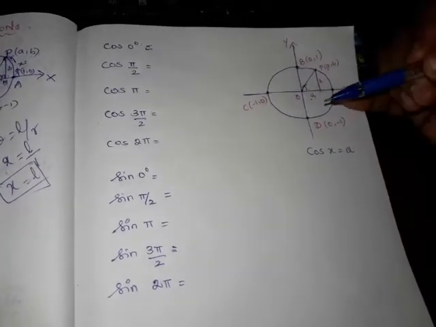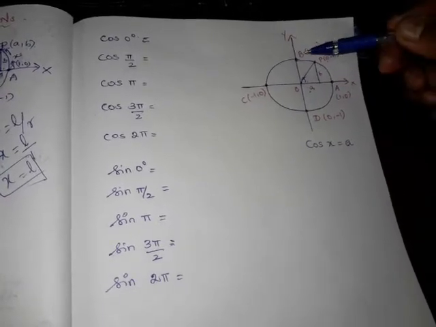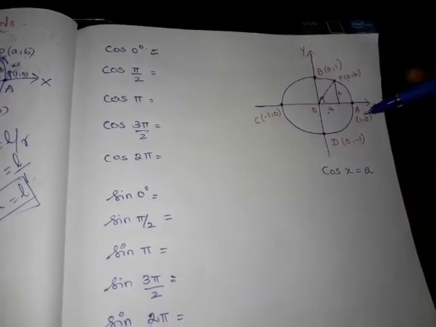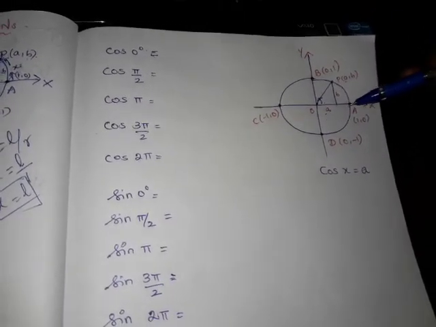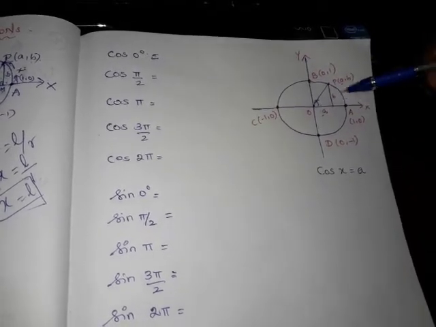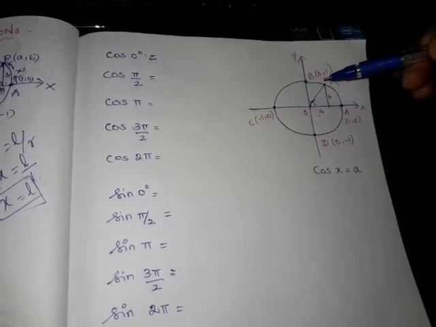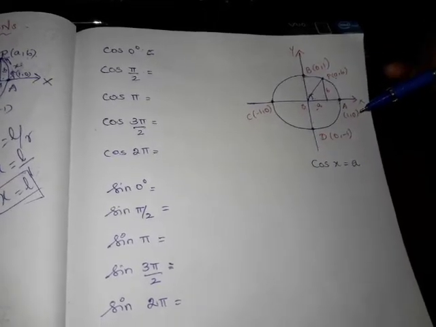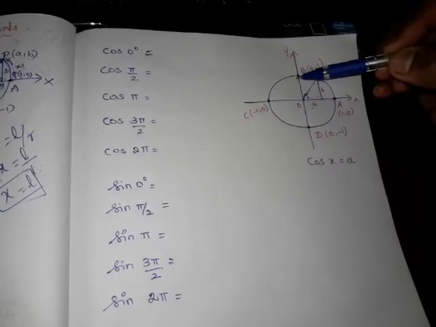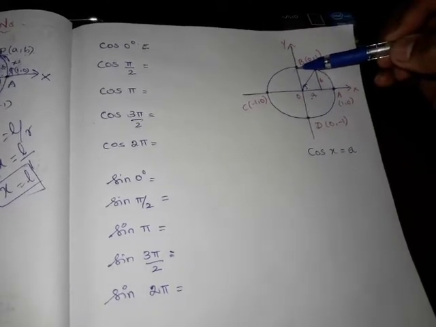And before getting into that, we should know the coordinates of A, B, C, D. What is the coordinate of A? 1, 0. This is a point that lies on the x axis, and we know we have considered a unit circle. Therefore, y coordinate will be 0. So 1, 0. What are the coordinates of B?